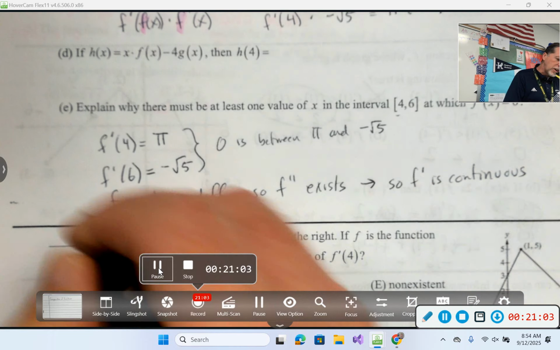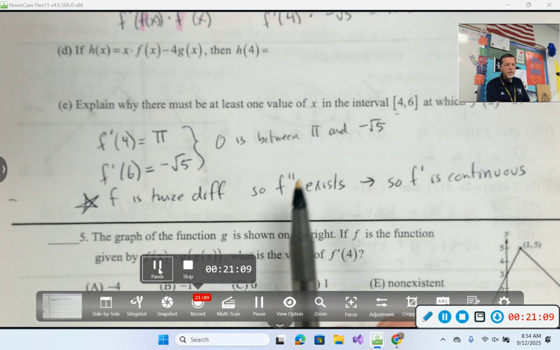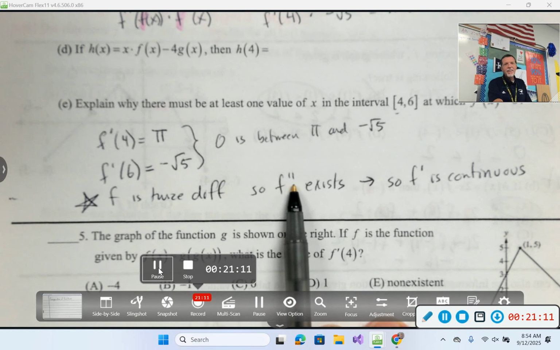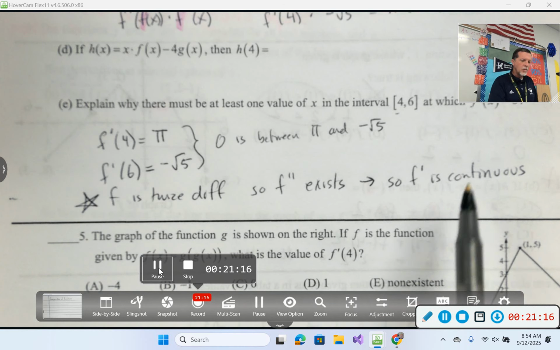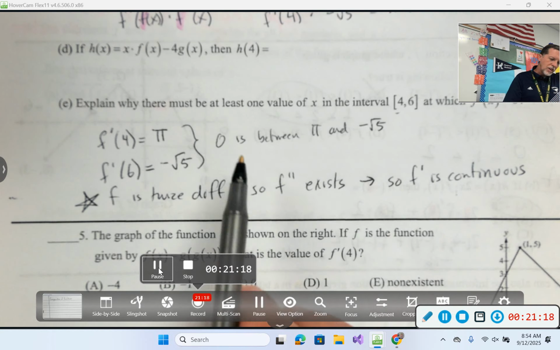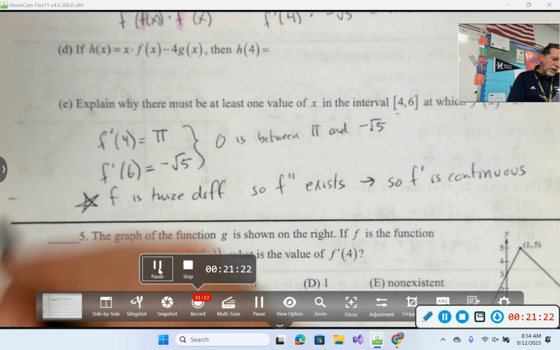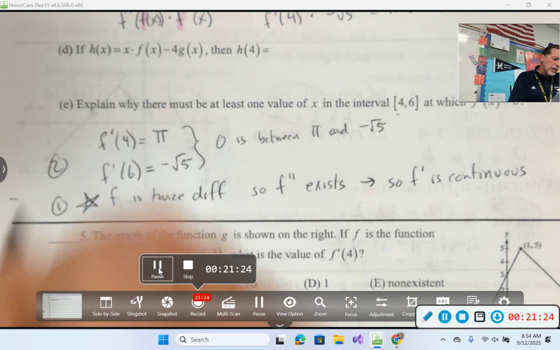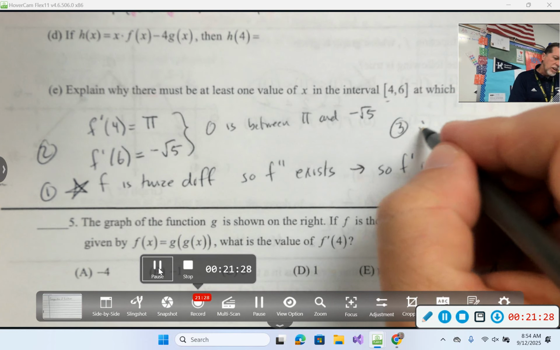So that was the tricky part about this one, is getting to the fact that f prime is continuous. And how did we know that? Well, we knew it because f double prime exists. Second derivative can't exist unless the first derivative is continuous. So f prime is continuous. 0 is between these two. My statements are a little out of order if we're thinking back to the IVT order. 1, 2, and 3 is just the conclusion.